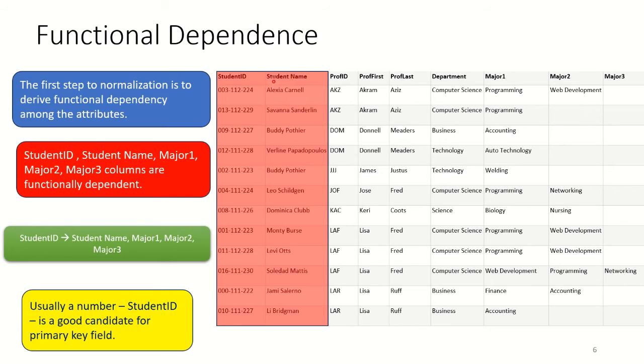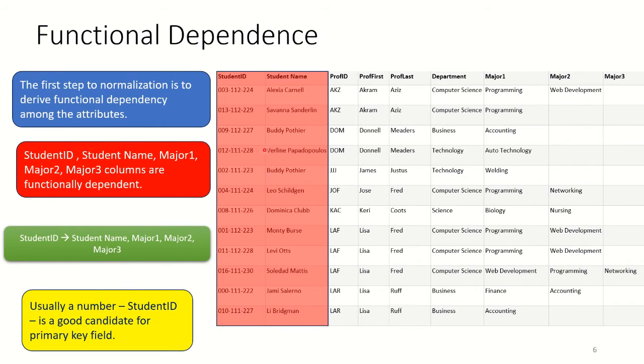And you have measure one, measure two, measure three. These are also functionally dependent. So functional dependence can be expressed as: student ID arrow student name, measure one, measure two, measure three.